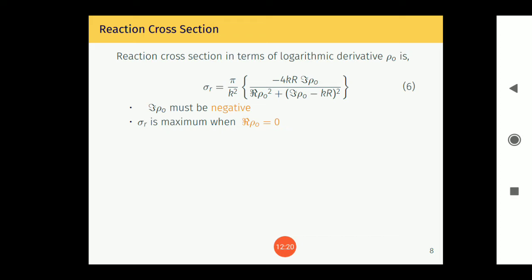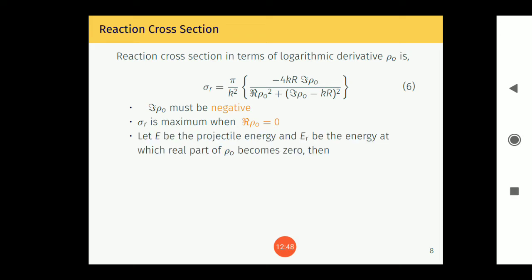And if you look at the expression, if that imaginary part of rho naught becomes 0, then the entire reaction cross section will be 0. That means there is no reaction. So if there is a reaction, then the imaginary part of rho naught cannot be 0. Then the only case when the reaction cross section will be maximum is when the real part of rho naught will be 0. So let us assume that this case arises for one particular energy.